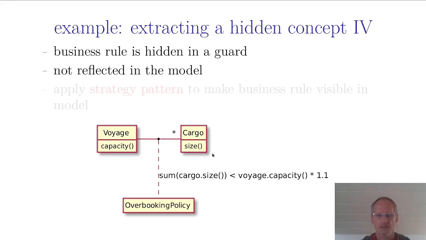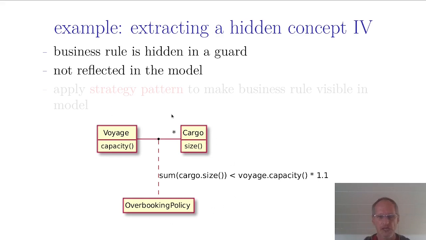So what we do instead is we change the model, and we indicate that the relationship between a voyage and all the cargo associated with that voyage is governed by an overbooking policy. And the overbooking policy brings in the constraint here that the sum of all the cargo's sizes must be less than, I think it should be less or equal, than the capacity of the voyage multiplied by 1.1 with this overbooking.